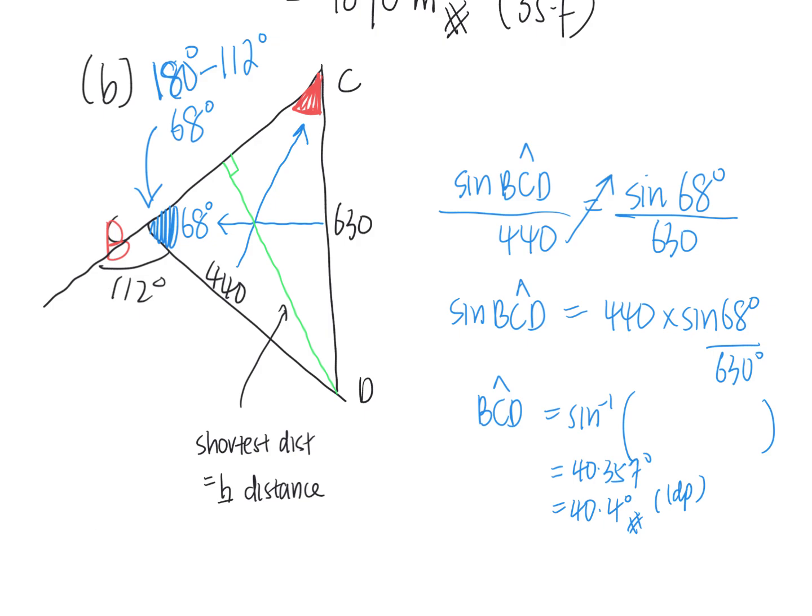How to find area of triangle BCD? I always want to find that green line. I want area of the triangle. Half A, B sine C, but where is your A, where is your B, where is your C?